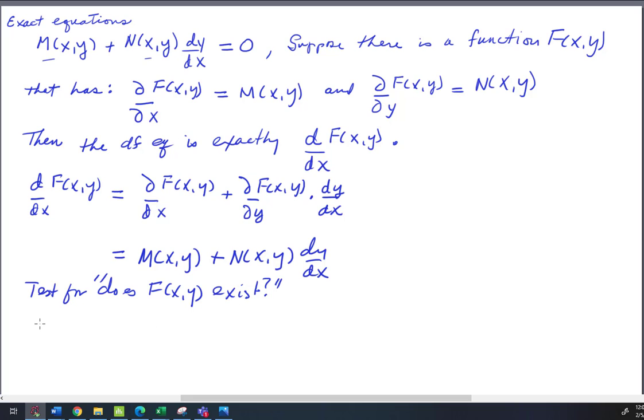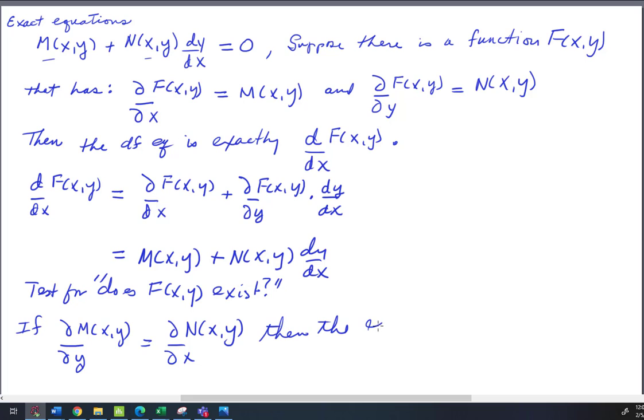And the test is if the partial of m of x, y with respect to y is equal to the partial of n of x, y with respect to x, then the equation is exact.